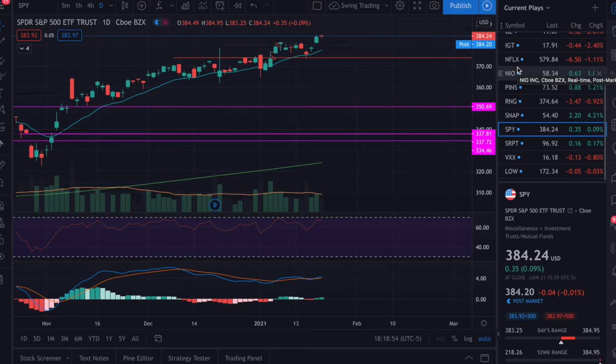So step 1, put some items on a sheet that you can follow and track those stocks until you see a catalyst or some sort of motion in the stock that makes you say, okay, I want to trade this stock, or I understand this stock enough in order to trade it.